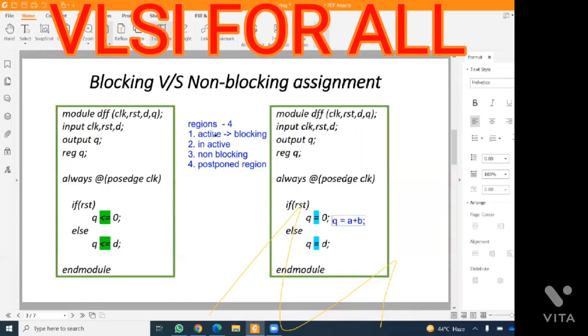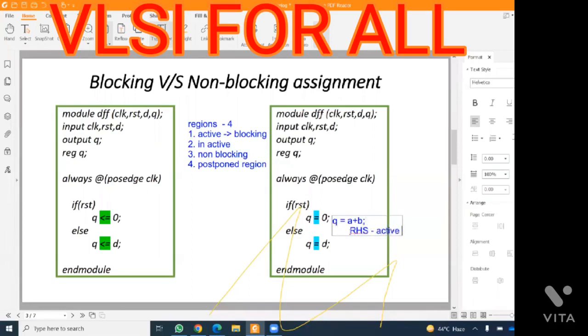It will check what is A, check what is B, and add them. Active region, yes. So this right hand side is calculated in the active region.